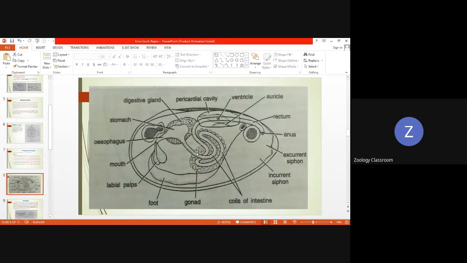Okay, so this is the location of the gonads.